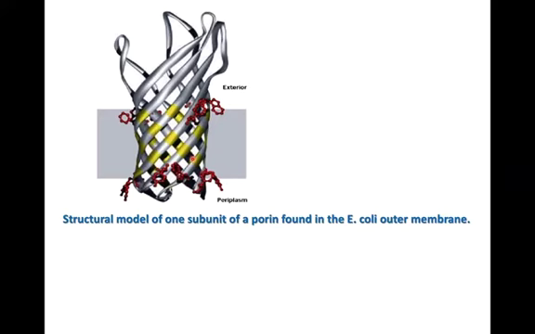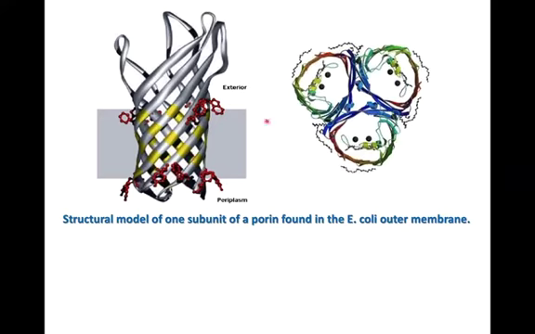If we look from the top, or from the outside of the bacteria, you can see the three different subunits. And you can understand that these 16 beta sheets that are transversing the membrane, when aligned, make a pore in the middle.